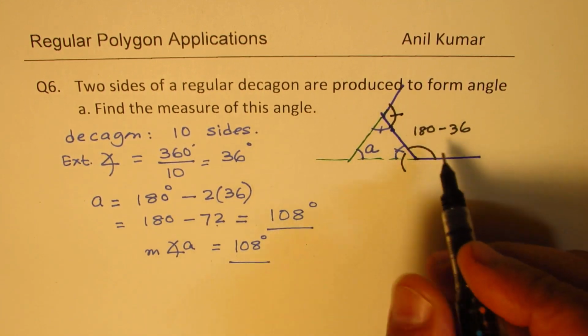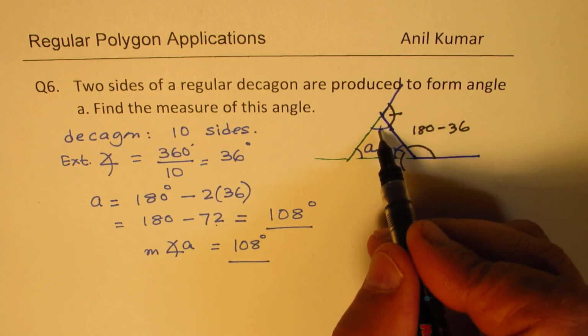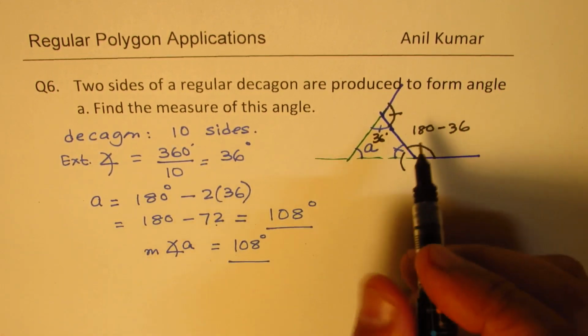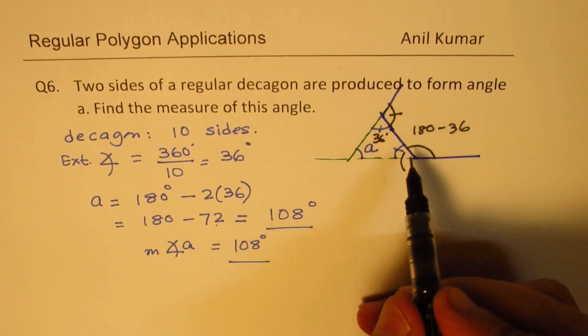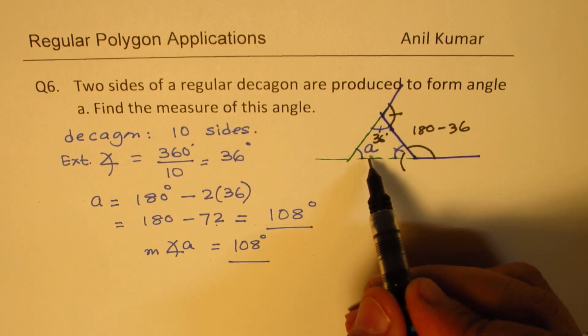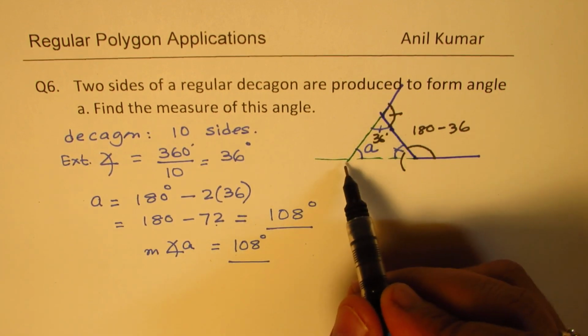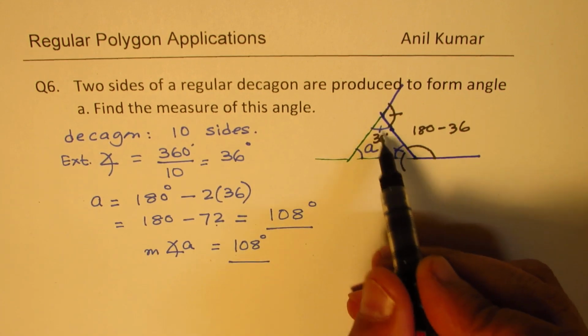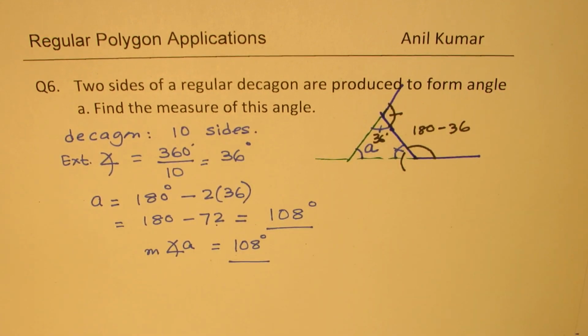And equal to this. And then 180 minus that will be this angle. So this is also 36 degrees. So you could go like this also, but otherwise it makes sense that these two angles will be equal. If one is 36, the other is 36. And therefore, A, which is a triangle formed here, will be 180 minus the sum of these two. And so we get our answer.